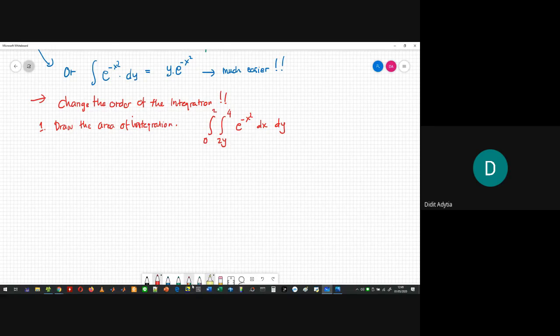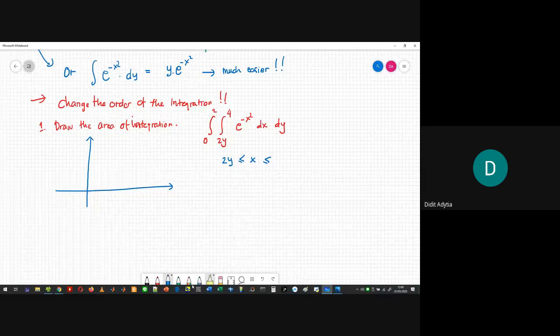So what do we need to do now? Draw this area. X is between 2y and 4, and then y is from 0 to 2. Okay, now we draw it.